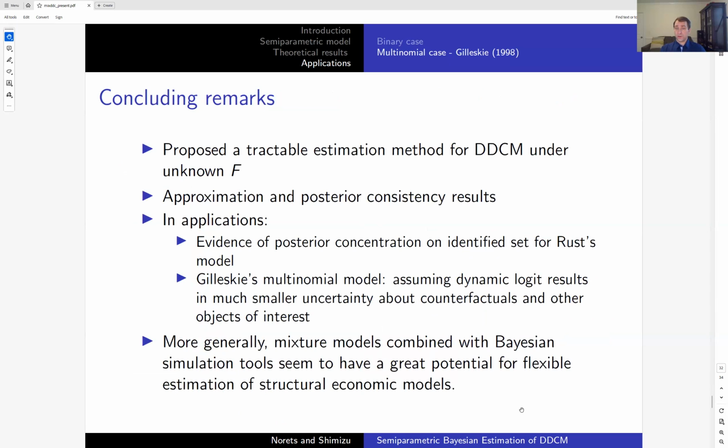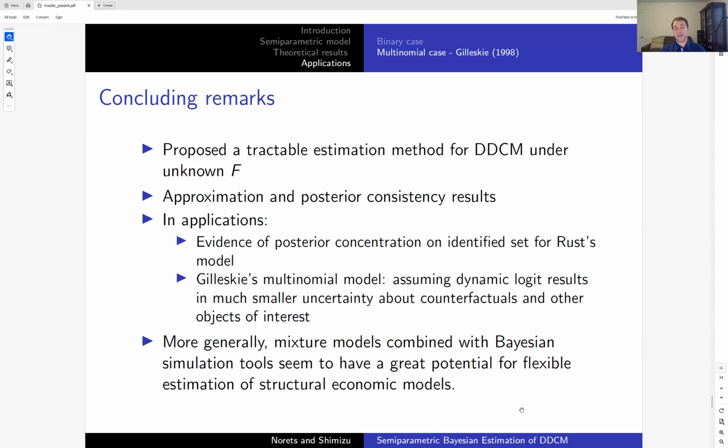So let me conclude. We propose a tractable estimation method for multinomial dynamic discrete choice models, where we treat the distribution of epsilons non-parametrically. We have some theoretical results for approximation and posterior consistency. In applications, we see that it can make quite a difference, especially when assessing counterfactual results, and this is exactly what's important in these models.